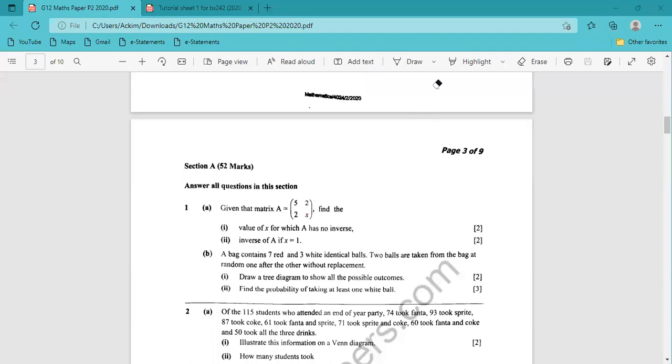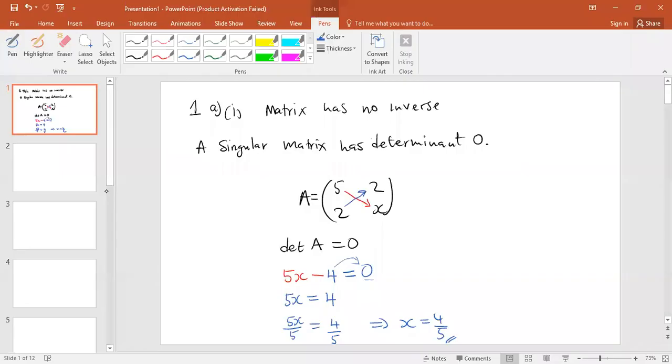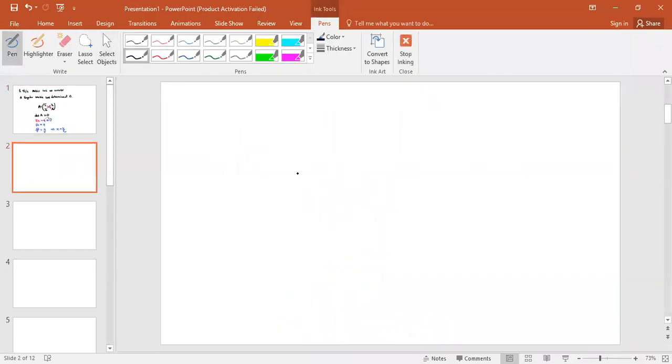So let's go to our board. The matrix A is 5, 2, 2, and they have given that the value of x is 1. So that is the matrix that they want.